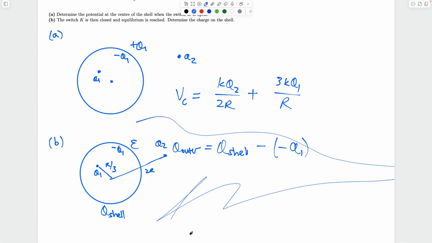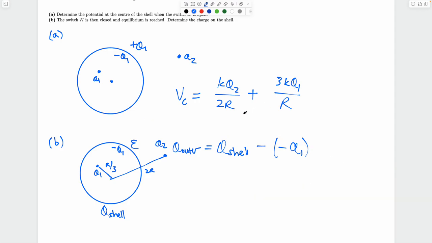The field in this whole region outside is zero, and potential difference is E dot dl. So it means that there's no potential difference from infinity to the surface of the sphere, which further implies that the potential is zero if only Q1 and negative Q1 were there. Does that make sense?